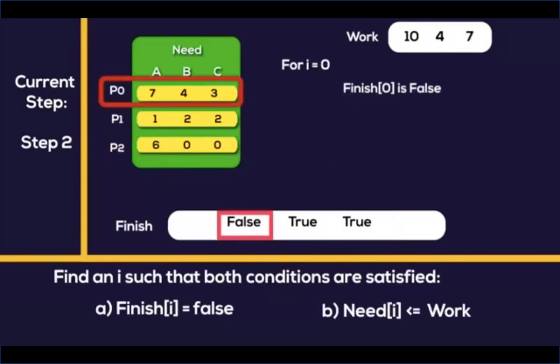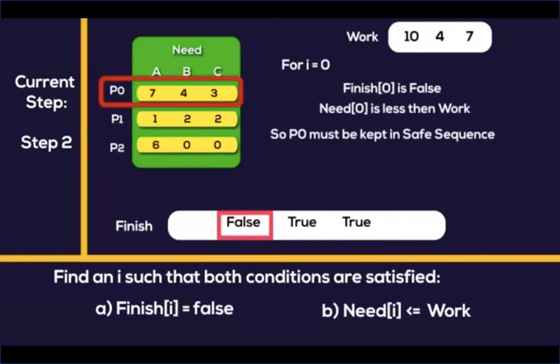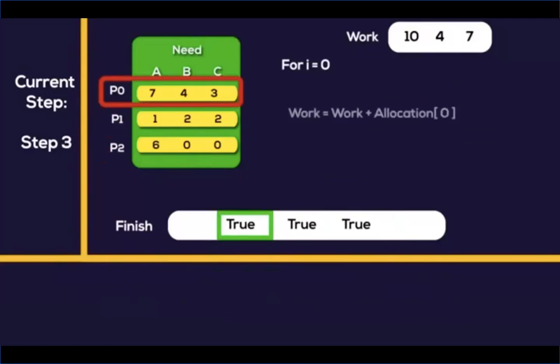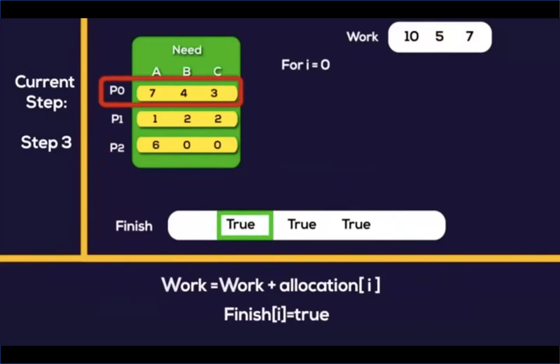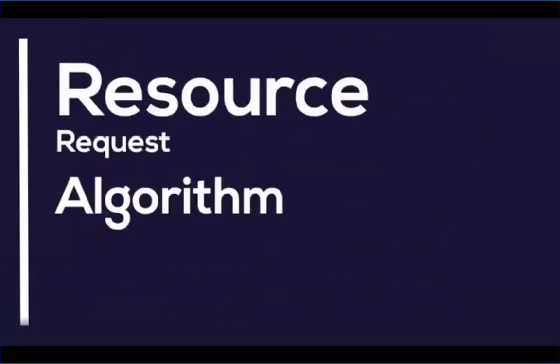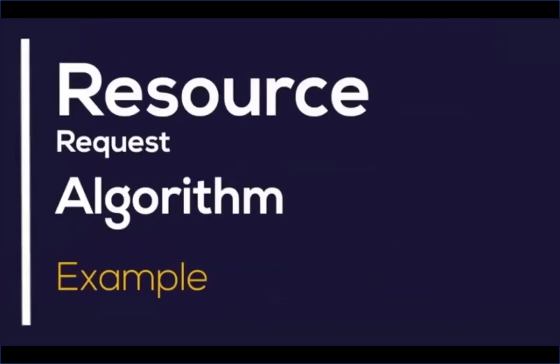Finish of 0 is false, need is less, so that both the conditions satisfied. So now all are true. So that is the safety sequence.